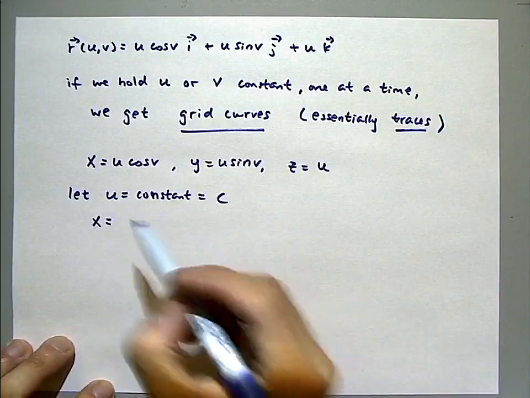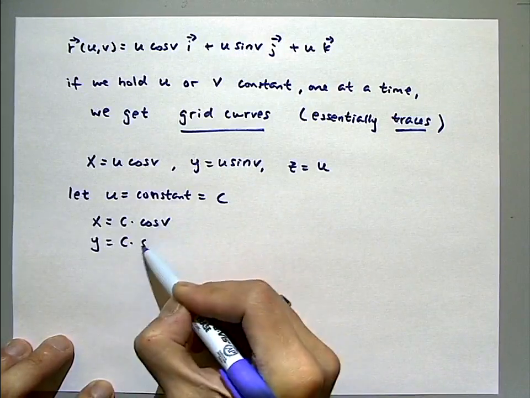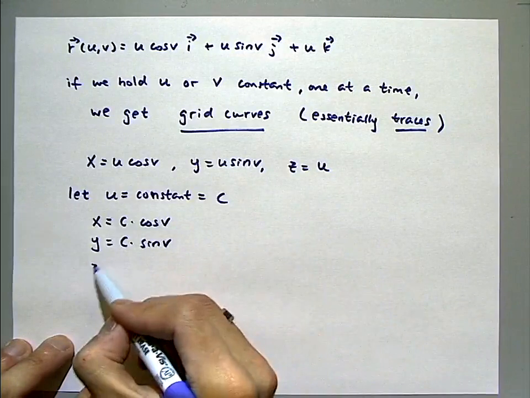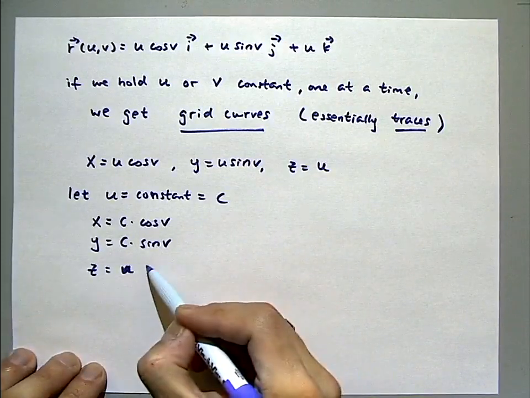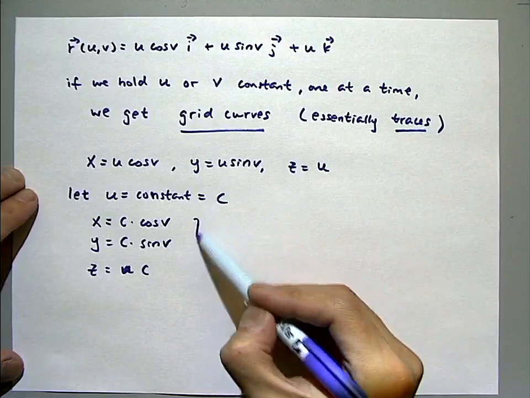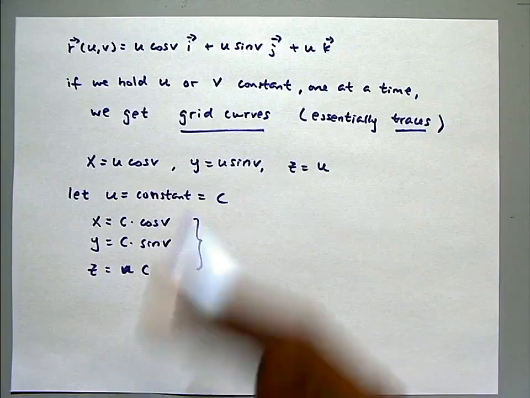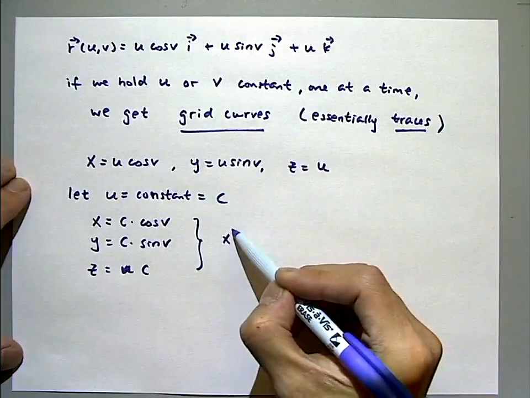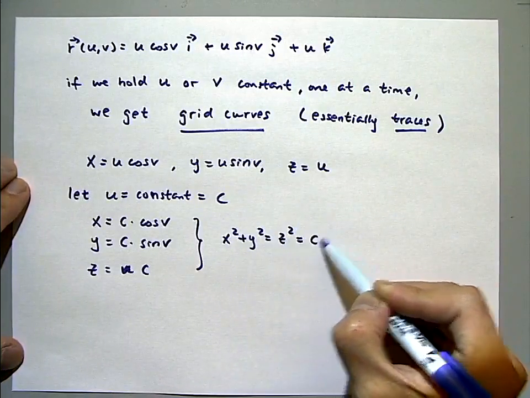Then x is a constant times cosine of v, y is a constant times sine of v, and notice z is unaffected by the fact that we let u be a constant. Z is a constant c. Now all three of these together tell us that x squared plus y squared is equal to z squared, which is equal to c squared.